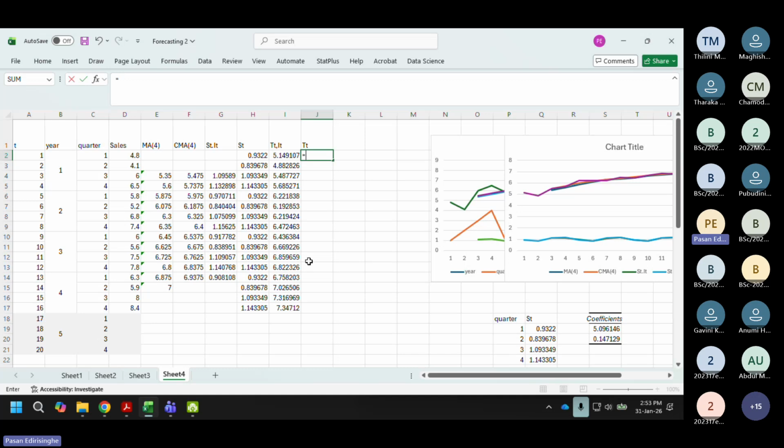So that's equal to beta naught. I will press F4 here, right? So I'm fixing that value by pressing F4, right?